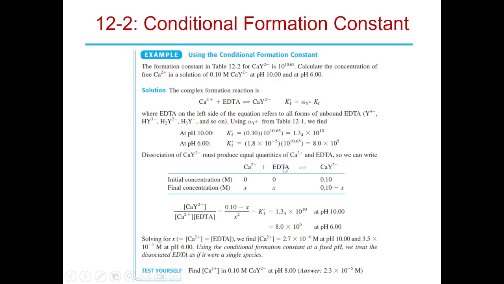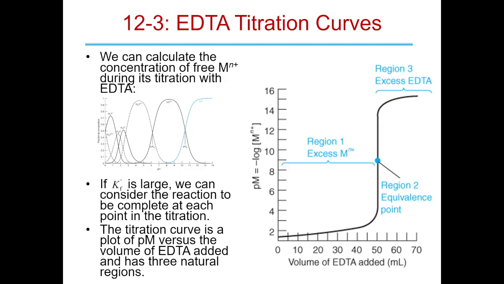If you could not assume that, then you would have to do those multi-ICE problems. Remember when you feed one into the other? From high concentration to low concentration? That we talked about before? The multi-equilibrium? But most problems here you don't have to. You don't care what form EDTA is in. You just care what activity it has at a pH.